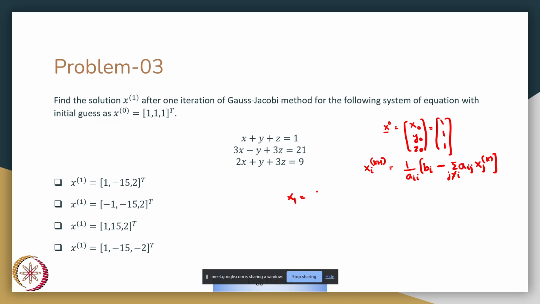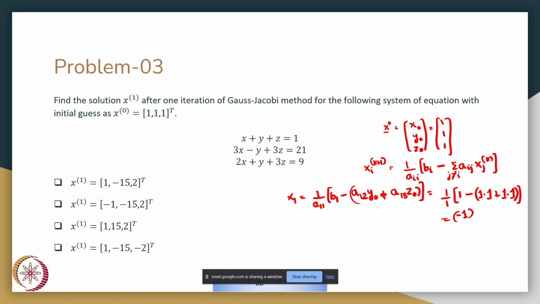So x1 is nothing but 1 upon a11 times b1 minus a12 y0 plus a13 z0, which if you substitute, a11 is 1, b1 is also 1, a12 is 1 times y0 which is 1, plus a13 is also 1 times z0 which is 1, so you end up with 1 minus 2 which is minus 1.